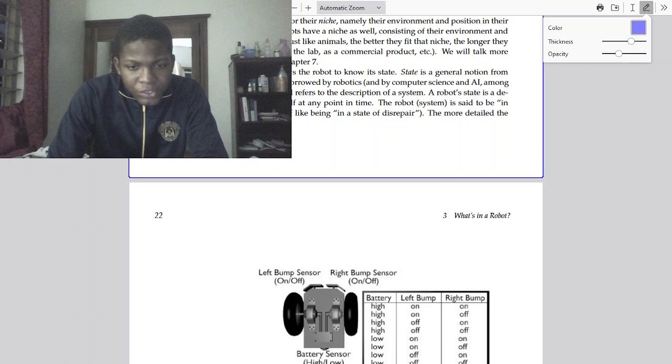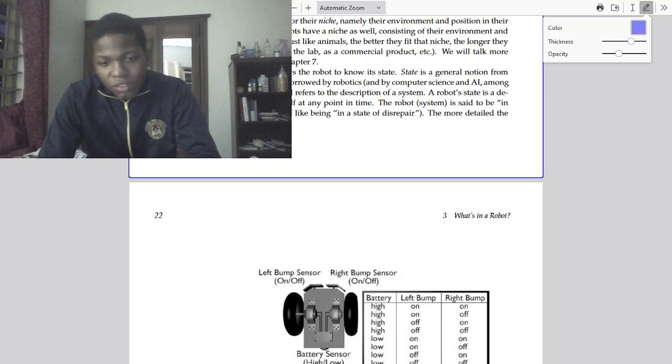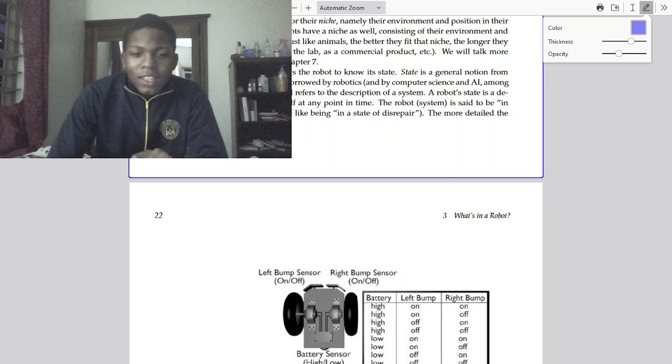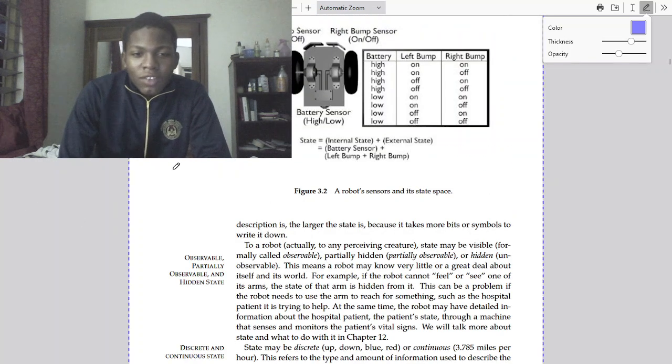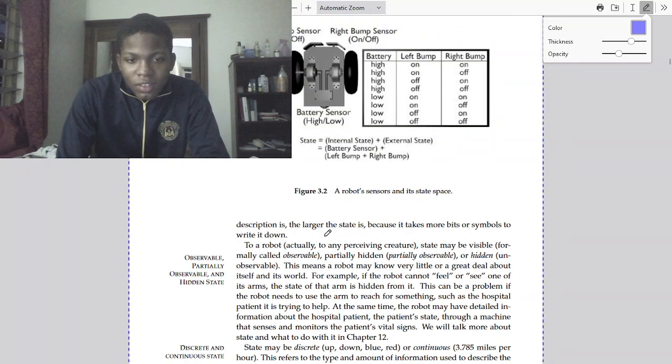The more information the robot perceives, the better description it has of itself. So the state, in terms of the size of the information it gathered and is using to define its situation, would be larger because it takes more bits or bytes. I can get that, but I feel like it's going to throw me off because they said the larger the state is.